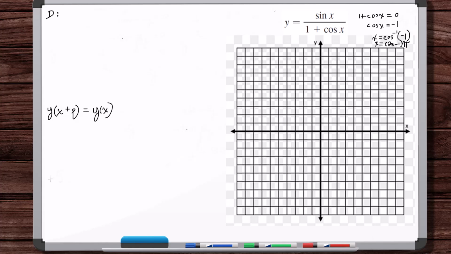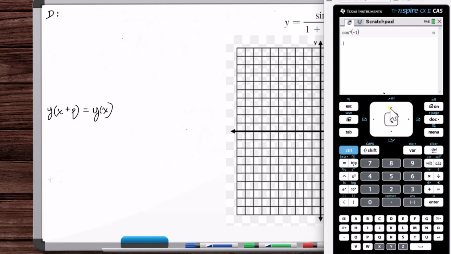So if we come here and say, okay, sine of x divided by 1 plus cosine of x. Let's store this as e. So it simplifies to, well, okay.